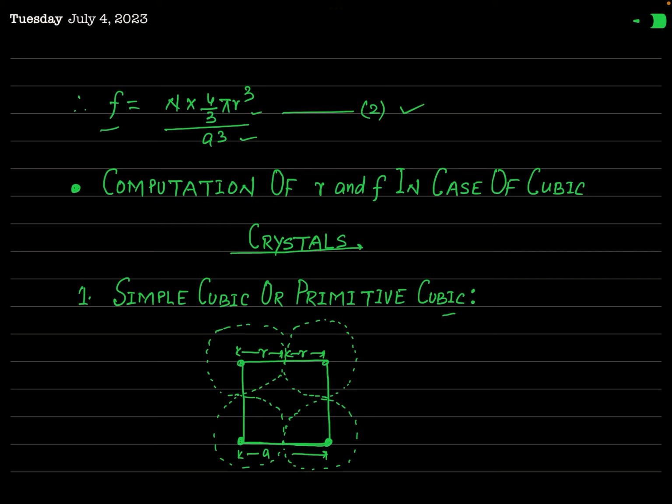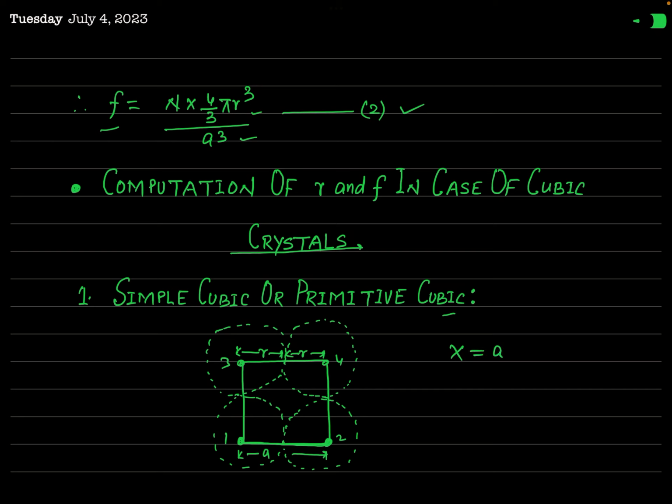of a face. So you can see that if a is the lattice constant, then the nearest neighbors, which I am marking here, 1 and 2, or 1 and 3, or 2 and 4, are separated simply by a distance a. So in this case, the nearest neighbor separation x is equal to a.